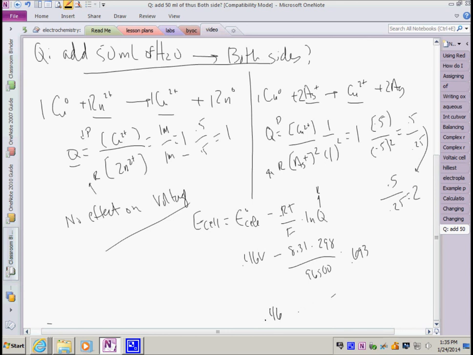0.46 and then minus, I'm going to put all those values together. I have 8.31 times 298 divided by 96,500, which equals 0.0256, multiplied times 0.693. Order of operations wise, we'll do those first.